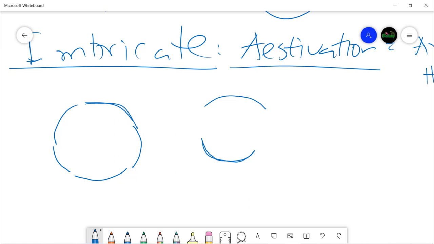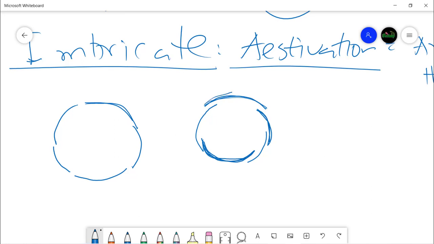So let's see how. This is the third one, and now this is the fourth one. As you can see, this one is being overlapped by these two; both of its margins are being overlapped by these two. And this is the fifth one, and this particular sepal is external to all.